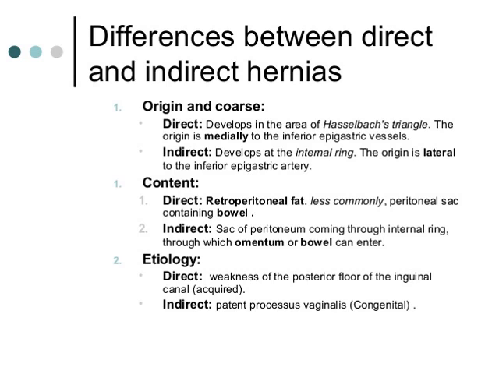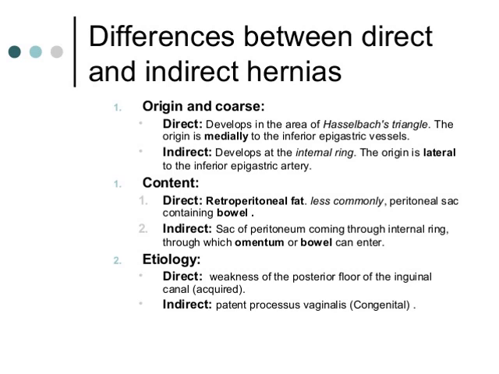So the origin of the direct hernia is medial to the inferior epigastric vessels, whereas that of the indirect hernia is lateral to the inferior epigastric vessels. The content of the direct hernia is retroperitoneal fat, less commonly a peritoneal sac containing bowel. For the indirect one, it may contain omentum or bowel.